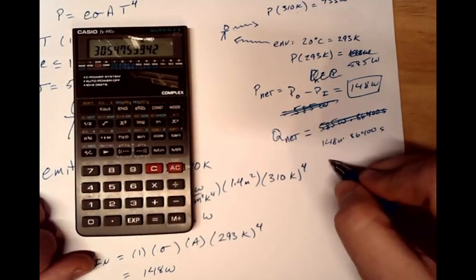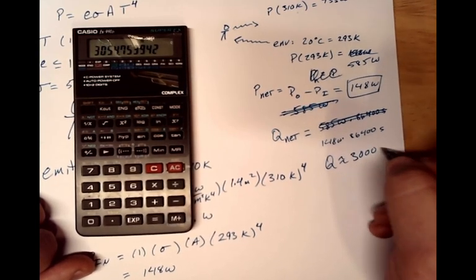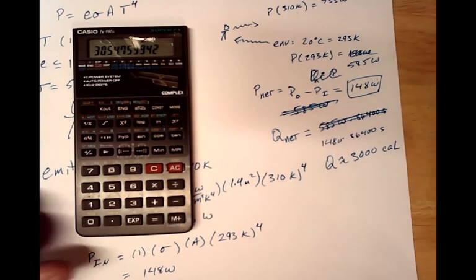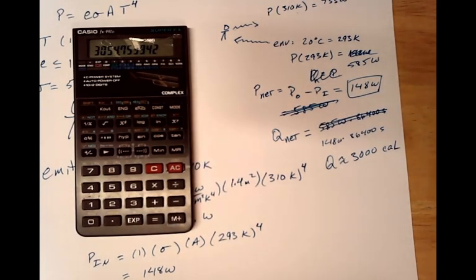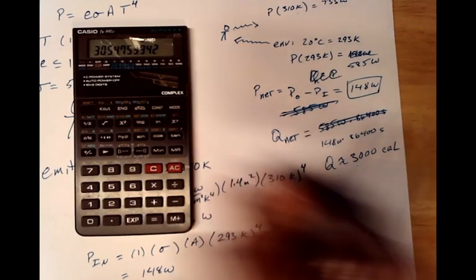And what we get is that Q is about 3,000 calories. So just the mere existence at 37 degrees Celsius requires 3,000 calories a day. If these numbers are true.